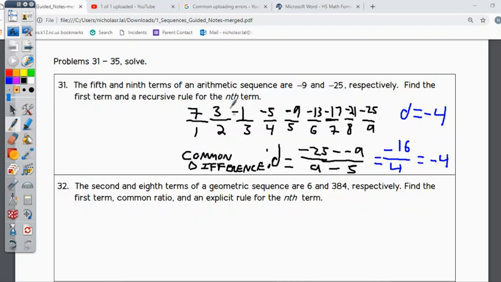So we know that we can find a recursive rule. The recursive rule requires us to know the first term. A1 is equal to 7. Our recursive rule is going to be AN is equal to, does anybody have a guess on what this would be?